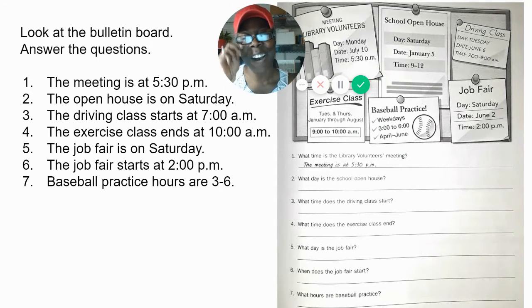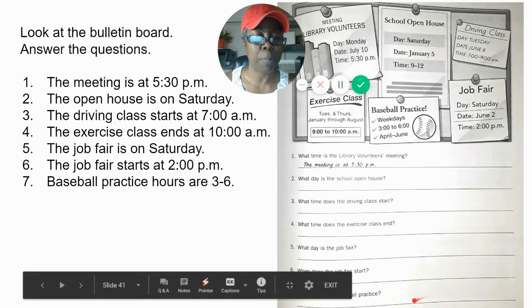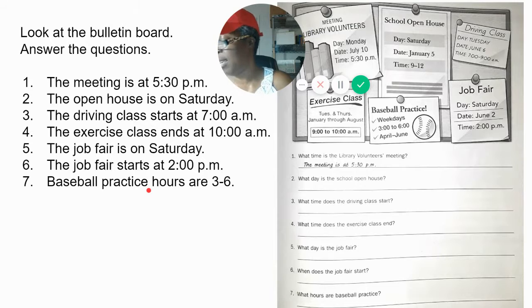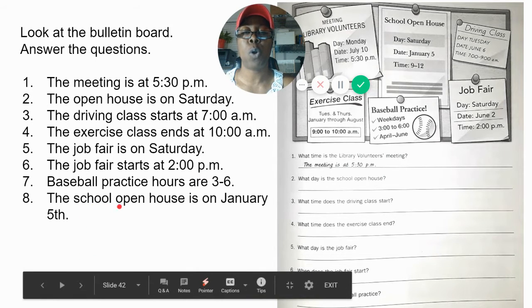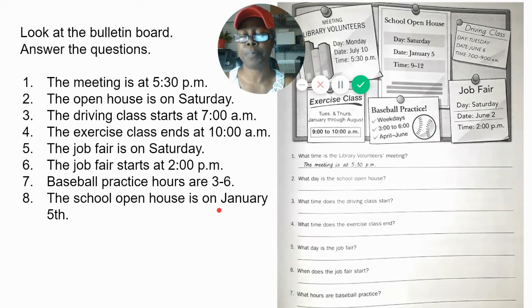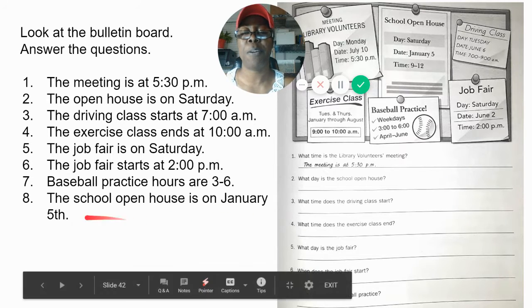Okay. The last question got chopped off, but there's one more question, and that is, what date is the school open house? Now this question asks for the date. So we come up here to school open house, we look at date, and our sentence is, the school open house is on January 5th.